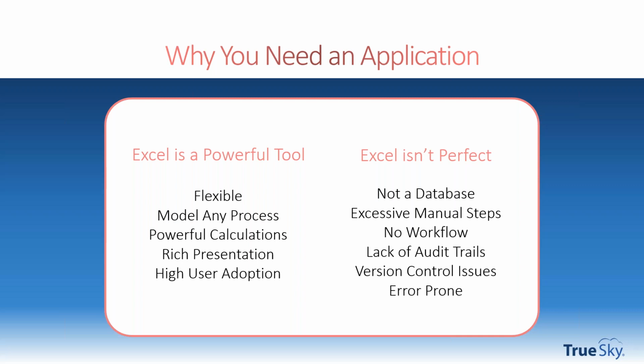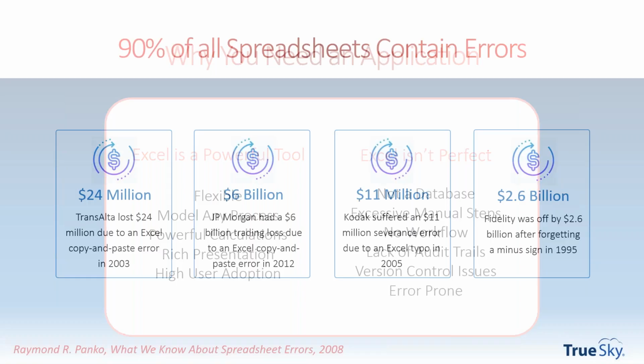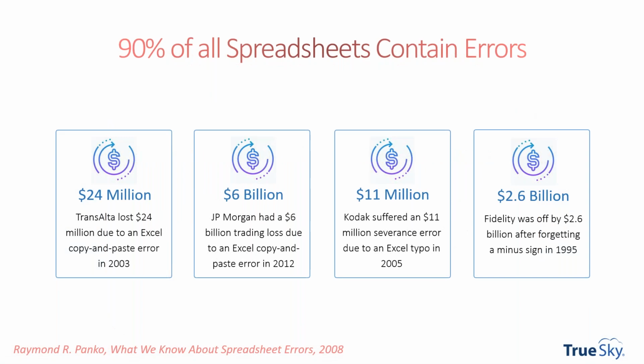And Excel can be fairly error prone. In fact, some studies have shown that 90% of all spreadsheets contain errors. So it's almost guaranteed that if you were to open any spreadsheet on your computer right now, odds are there'd be an error in it someplace. Some of these errors are minor, but sometimes they can be quite substantial.